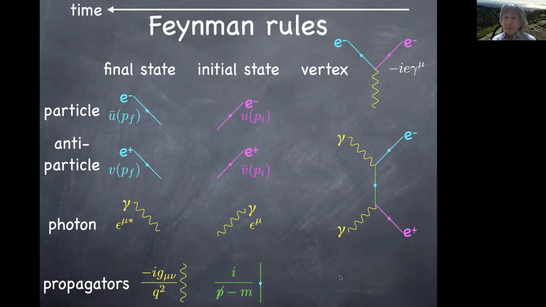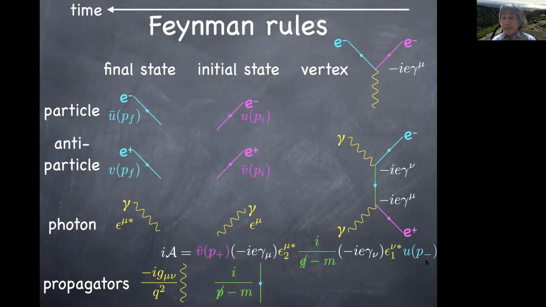And then again, you can immediately write down the Feynman amplitude by associating all the factors we talked about. So following this arrow of the fermions, you start with the line with the arrow coming into the diagram. That's a positive energy solution for the electron. Then I have this vertex, minus i e gamma nu.